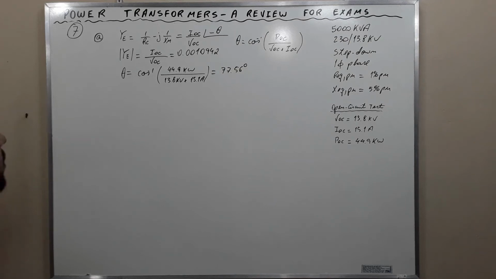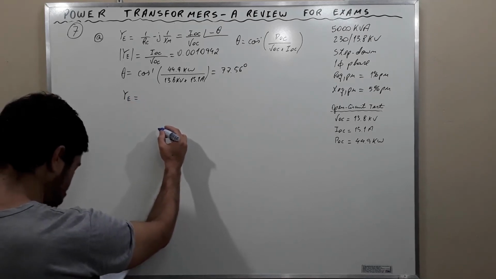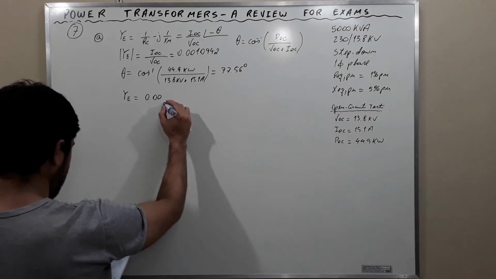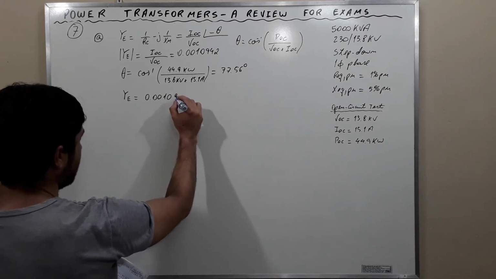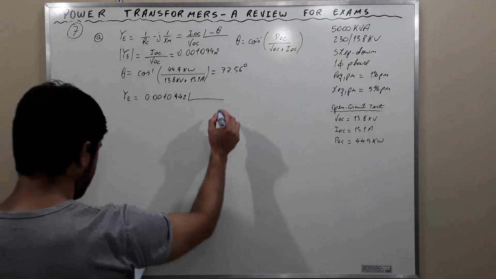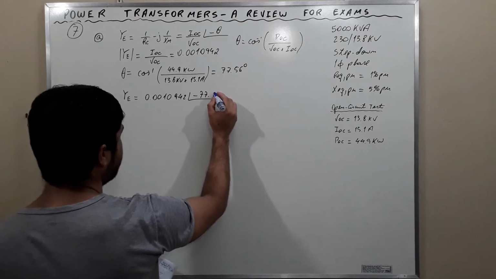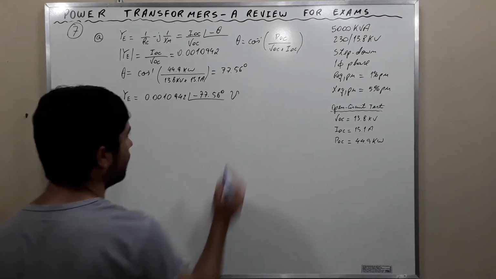Then the excitation admittance is equal to 0.0010942 phase negative 77.56 degrees Siemens.